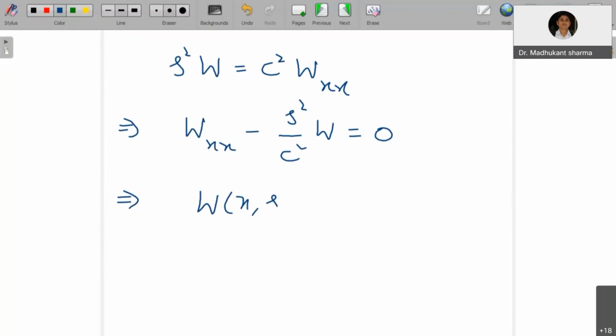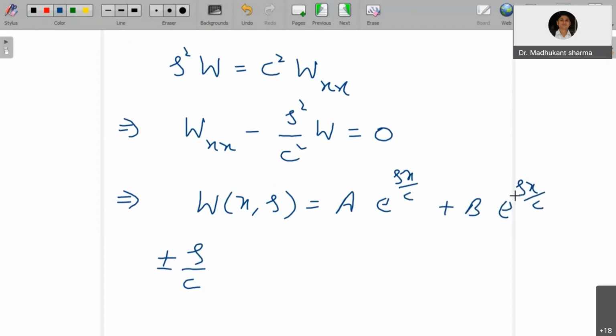W of x comma s is equal to A times, so what are the roots? Plus minus s by c. e to the power s x by c plus B times e to the power minus s x by c.